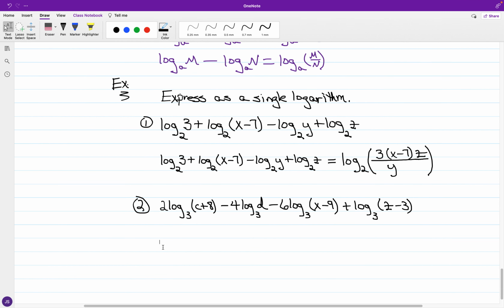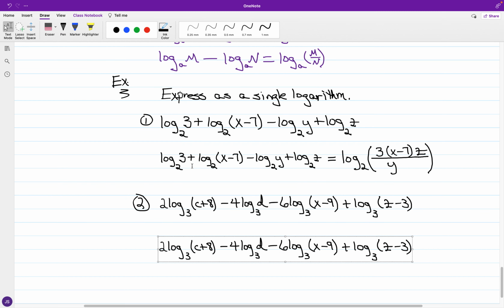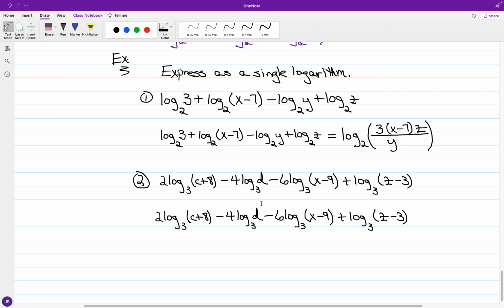Now a key difference between this part and what we had in the first example is that we have leading coefficients out in front of the logarithms. So what we're going to have here, just also working in reverse and consolidating. Anytime you have leading coefficients in front of the logarithmic part, we're going to rewrite as exponents.